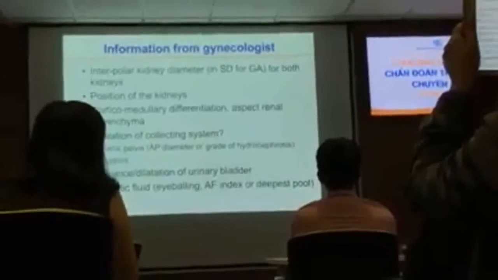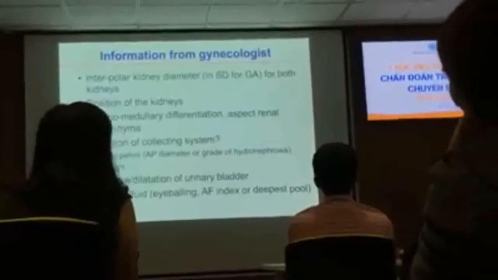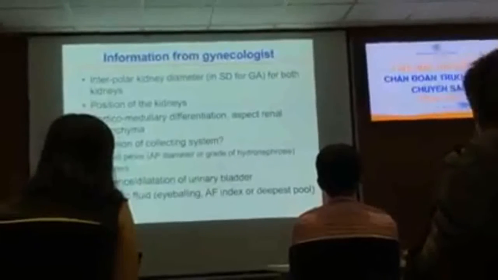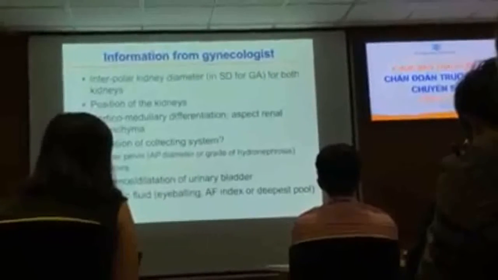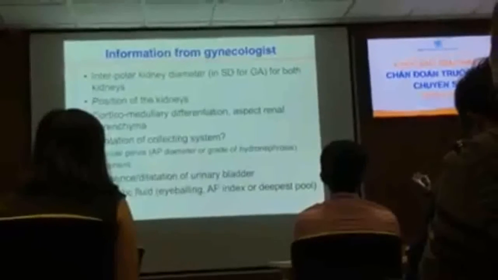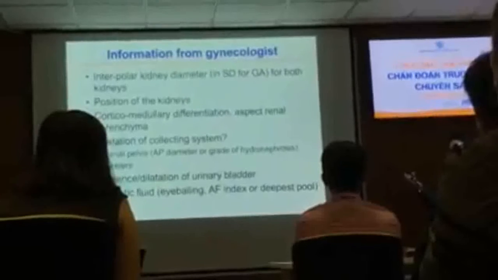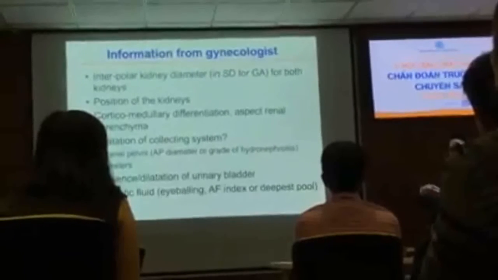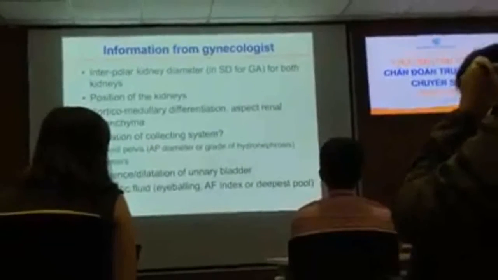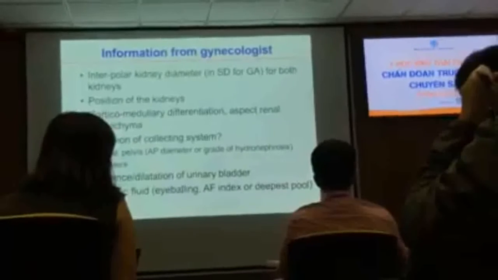We also need to see dilation of the collecting system, like the renal pelvis, the grading of hydronephrosis, and the ureters as well. The last part, we need to see the presence of dilatation of the urinary bladder. Usually, if you scan for 30 minutes, you will see the bladder fill up and then become smaller because the fetus urinates. And we need to see the amniotic fluid, the amniotic fluid index or deepest vertical pocket.